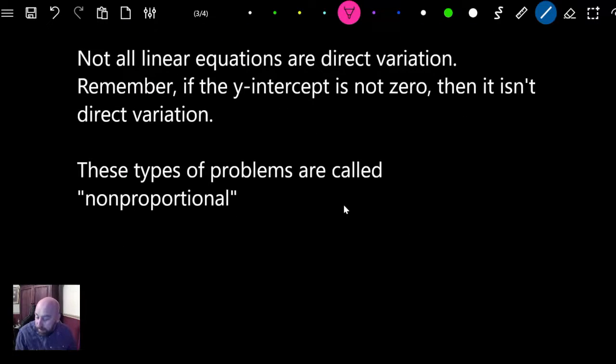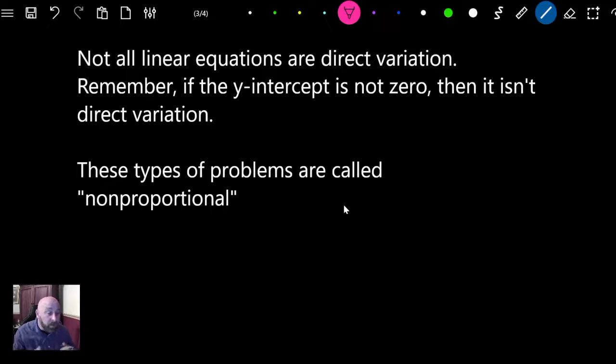All right, next, let's look down here at this next. This is actually on page 319. Not really going to teach this too much. I'm just going to talk about it so that you kind of know this word. And then later we'll learn more about this. But not all linear equations are direct variation. In other words, sometimes you have a y-intercept, right? Remember that if the y-intercept is not 0, then it's not direct variation.